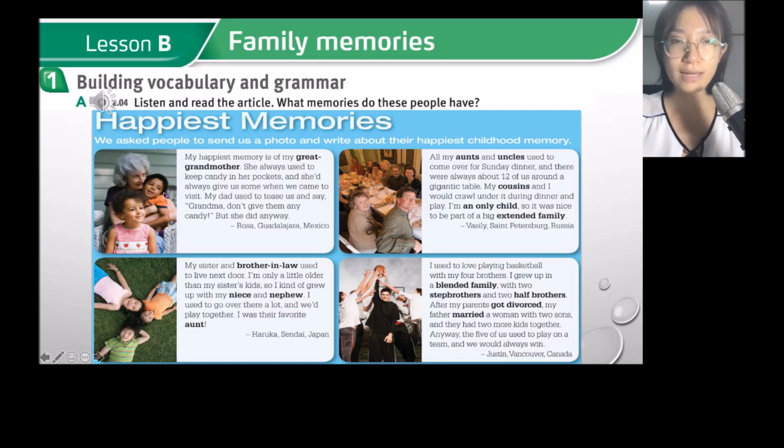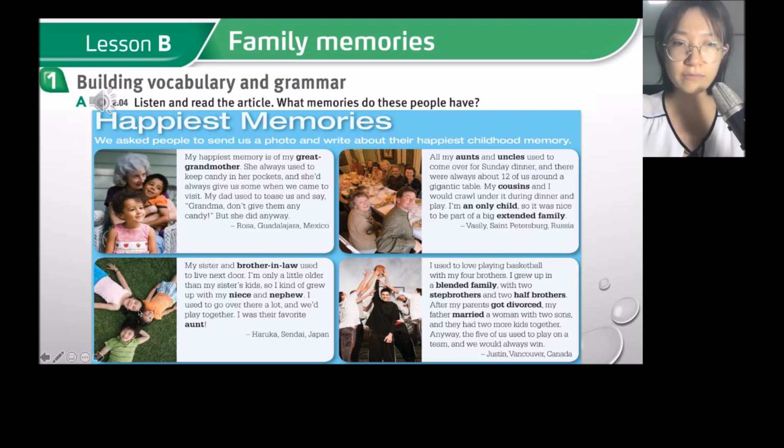In photo 1, what can you see? An old lady with 2 kids, right? So it should be a story or a memory with, like, a grandmother, right? In photo 2, it looks like a very big family dinner, right, or party.